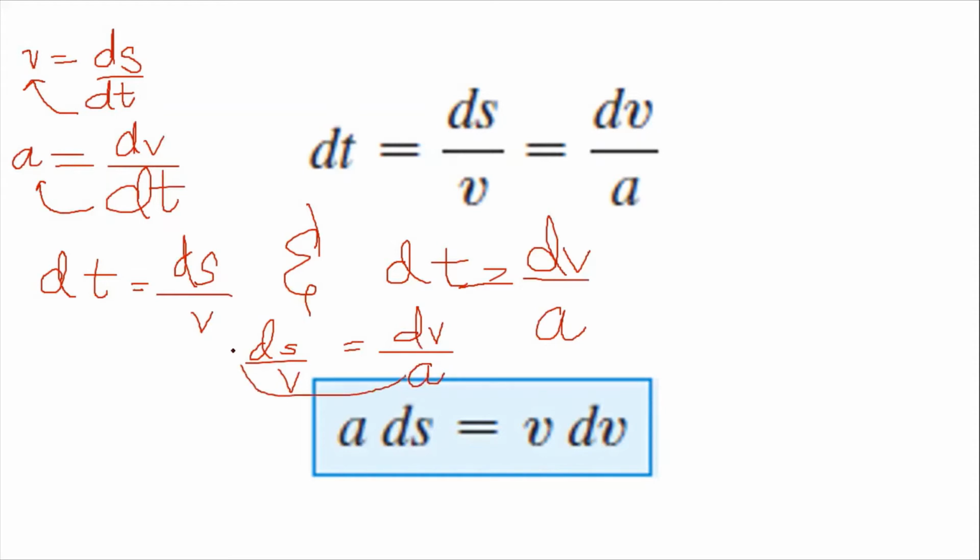When I bring it to here and bring this to here, what will happen? a ds equals v dv. So this is the way to derive this equation. Acceleration times change in displacement equals velocity times change in velocity.